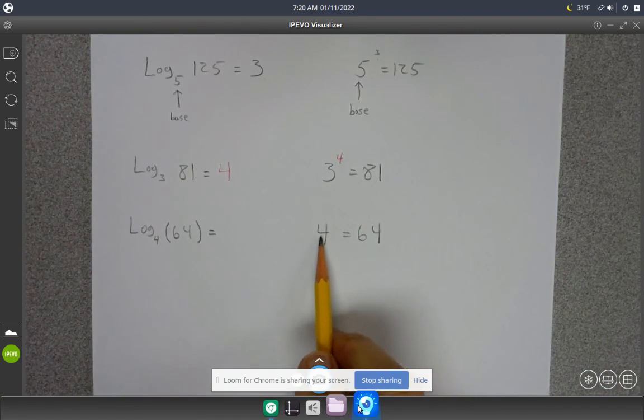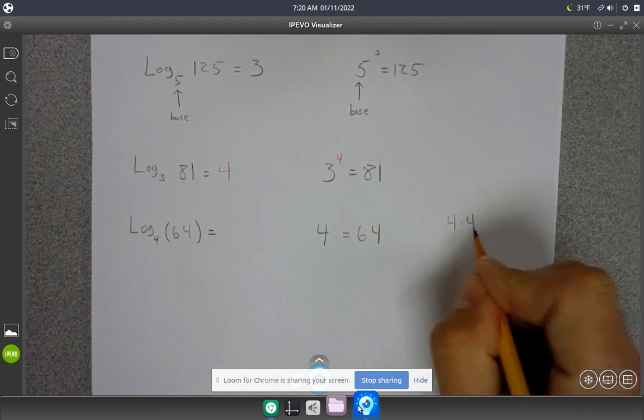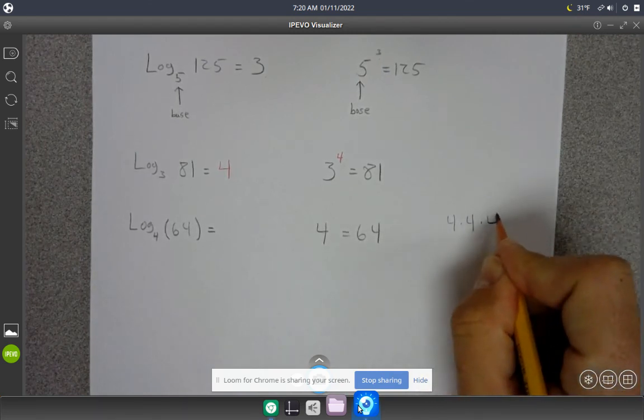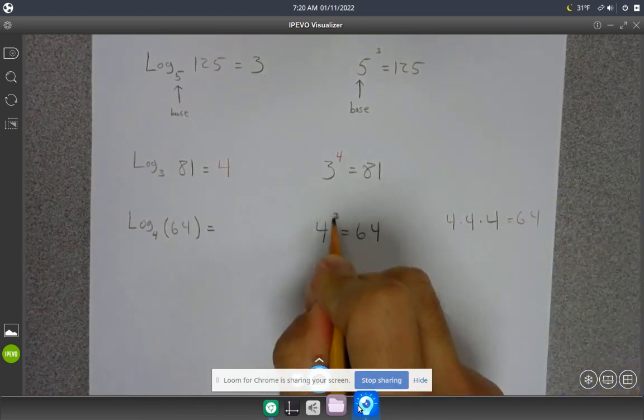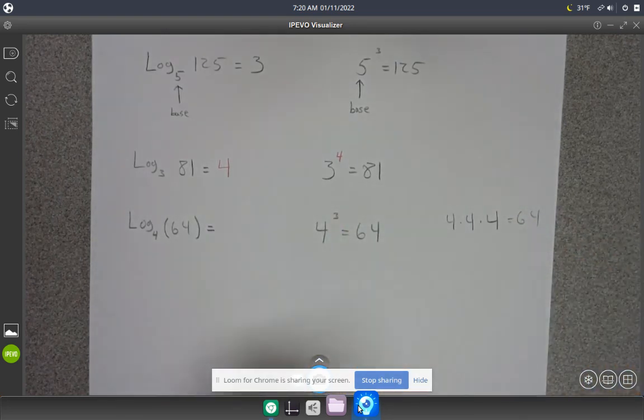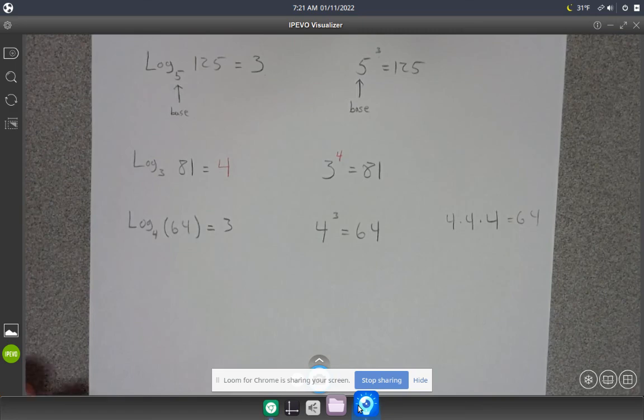So I've got to figure out what I need to raise 4 to the power of to get 64. Well, 4 times 4 is 16, and then times another 4, this equals 64. So 4 to the third power is equal to 64. Therefore, log base 4 of 64 is equal to 3.